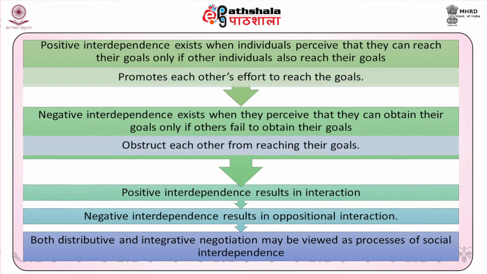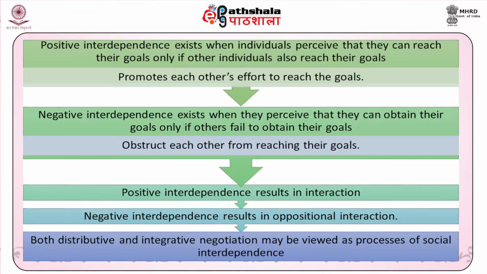Positive interdependence exists when individuals perceive that they can reach their goals if and only if other individuals also reach their goals, and therefore promote each other's effort to reach the goals.